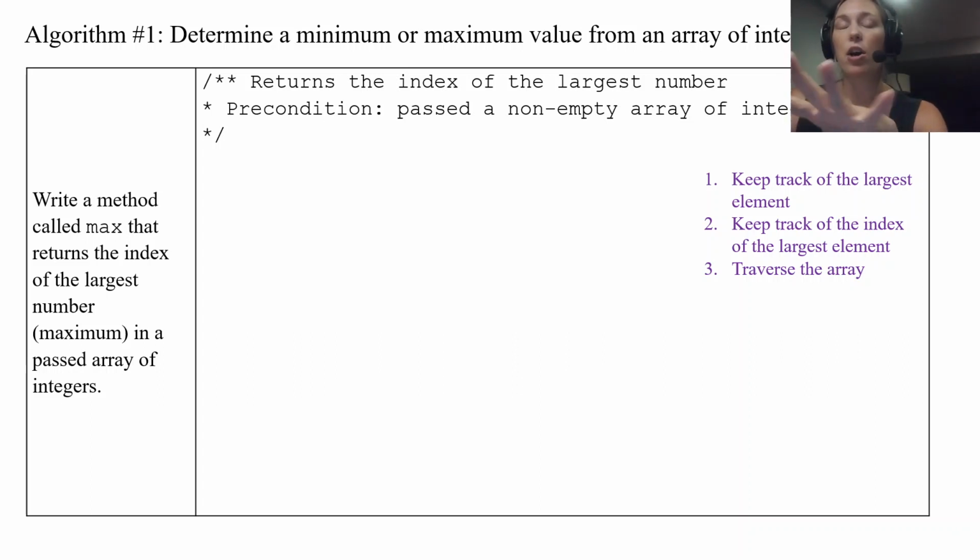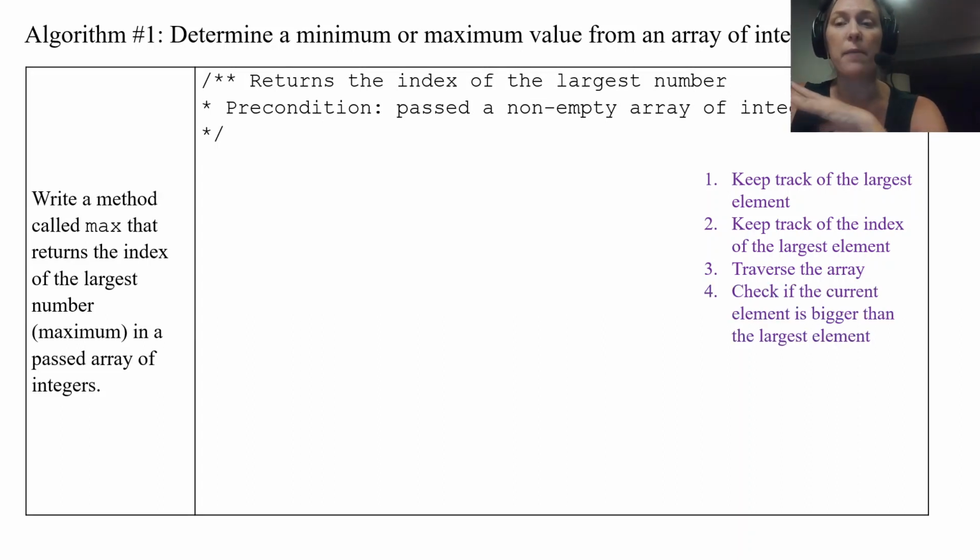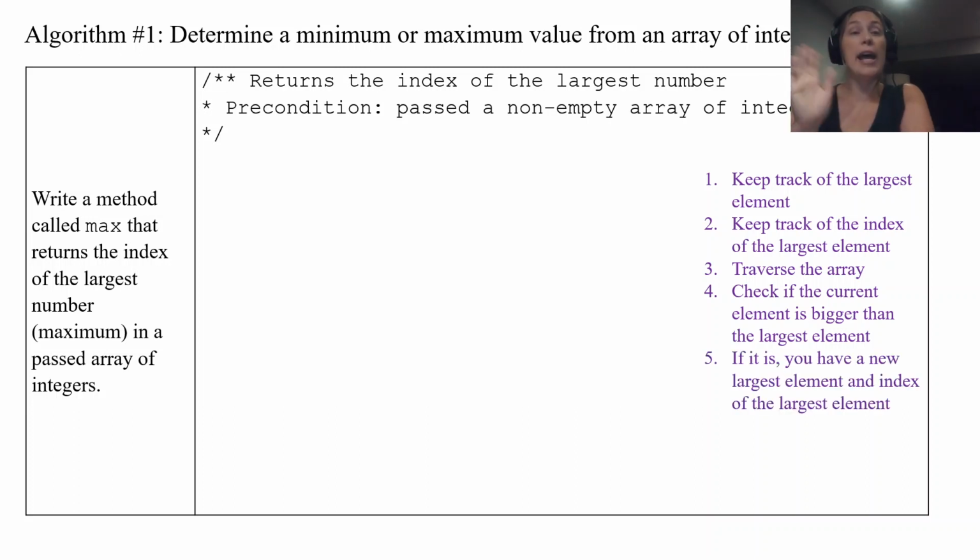We've already gone over how we traverse arrays, so we'll use that code. We'll check to see if the current element in our loop is bigger than the largest element we have recorded with our variable. And if it is, then we have a new largest element and a new index of the largest element.